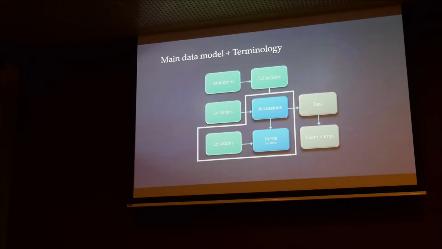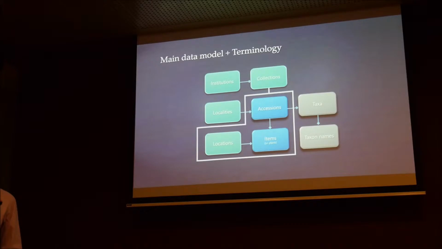Now, this is important. Each accession has to be related to a taxon, and each taxon has one accepted name, and then may have several synonyms. So that's the structure. The important thing here is that if you make changes in the taxa, if you reorganize the taxa and say that now this name is no longer an accepted name, that does not affect the accessions.